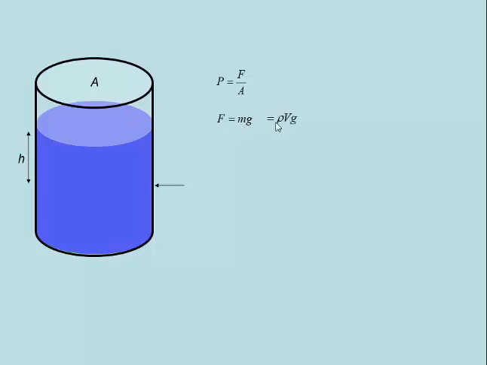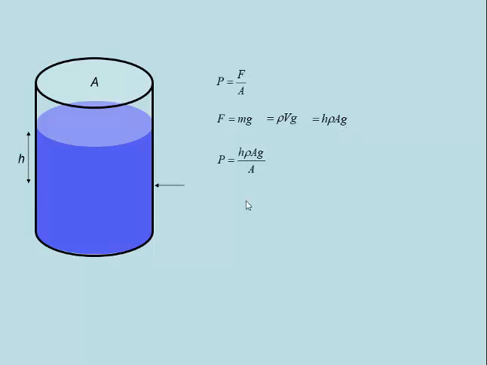But mass is density times volume, so basically the weight of the water will be the density times the volume times the gravitational field strength. And the volume is the height of this water multiplied by the cross-sectional area, the volume of a cylinder. So we get that the force is the height times the density times the area times the gravitational field strength.